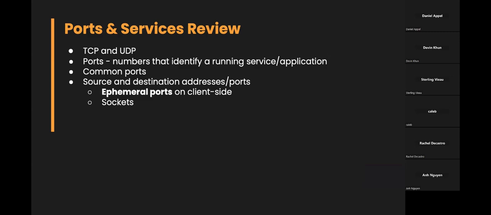So really quickly to review everything, there are two main protocols you have to know, TCP and UDP. There's one more that's pretty much just used for pings, usually called ICMP, but you don't really have to worry about that too much. There are also other protocols, but those are the main ones.